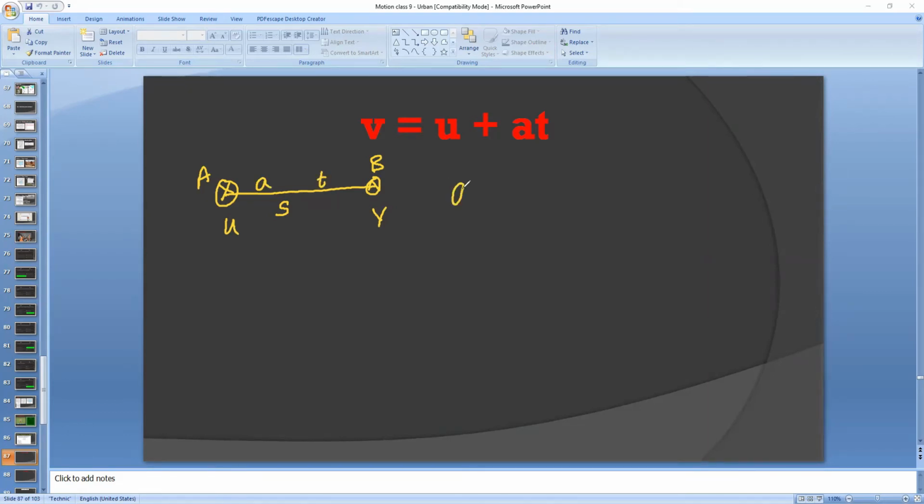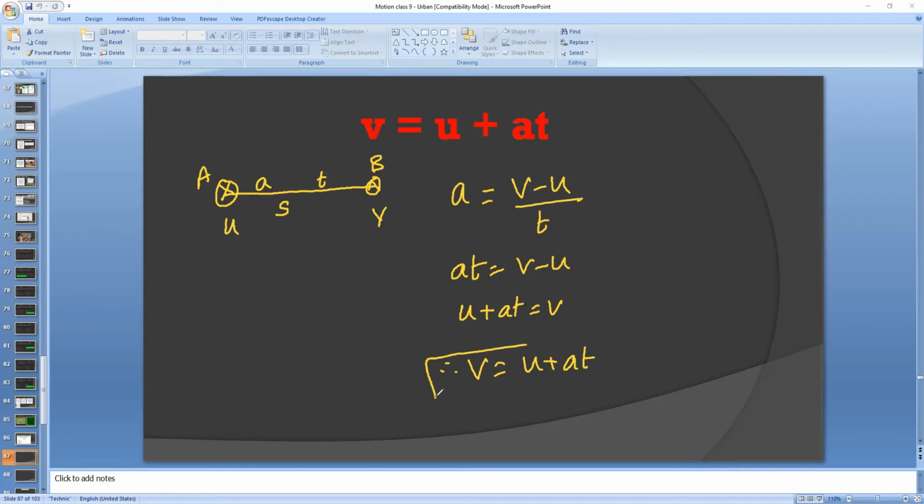As acceleration is equal to rate of change of velocity, a = (v − u)/t. Now, a times t is equal to v − u. Taking u to the left-hand side, u + at = v. Therefore, v = u + at. So this is the simplified way we can derive the equation.